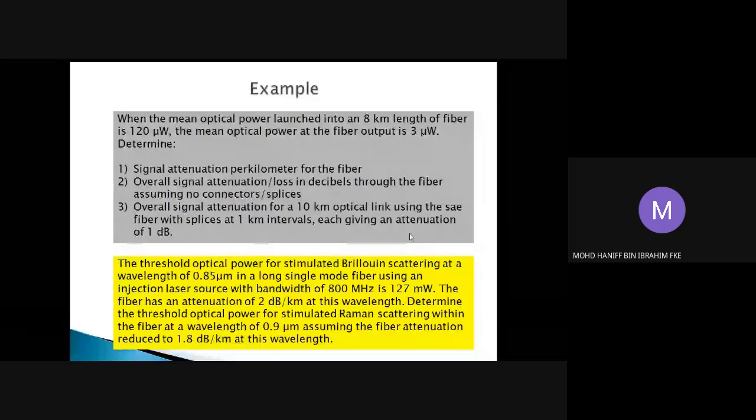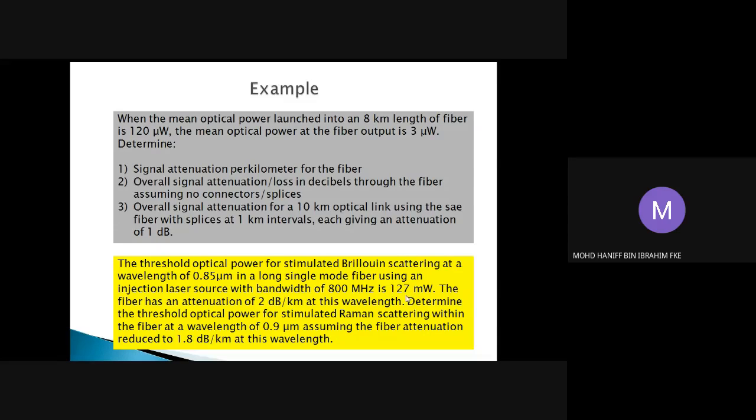Okay, let's have a look at the next example here. This question is related to nonlinear scattering, the SBS and the SRS. We are given a threshold optical power for stimulated Brillouin scattering, the SBS, at a wavelength of 0.85 micrometer in a long single mode fiber with an injection laser source with a bandwidth of 800 megahertz, which is 127 milliwatt.